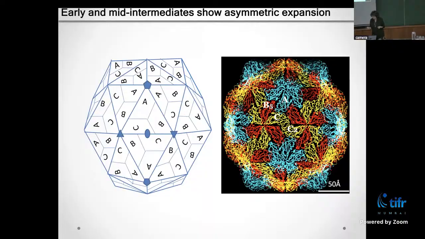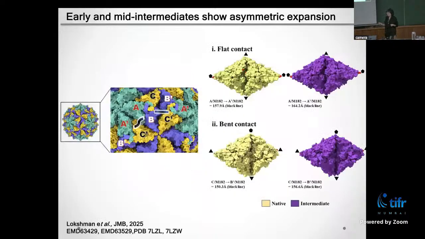So what we found was that the initial crack, as we would call it, happens at the 2-fold. There are two types of 2-folds in this virus: something called a flat contact and something called a bent contact. At the flat contact, we find genomic RNA, and we see the density for the RNA right where the protein-protein interaction site is.